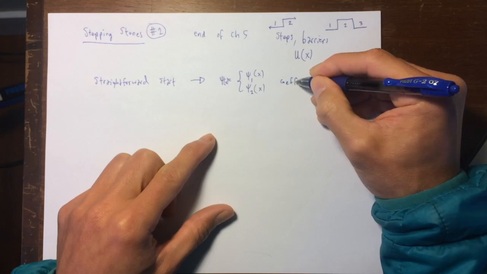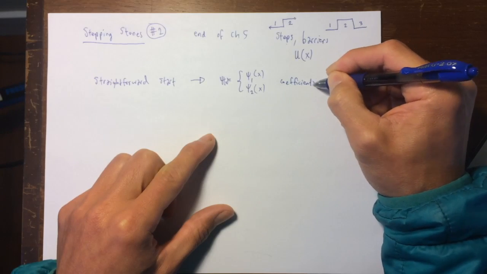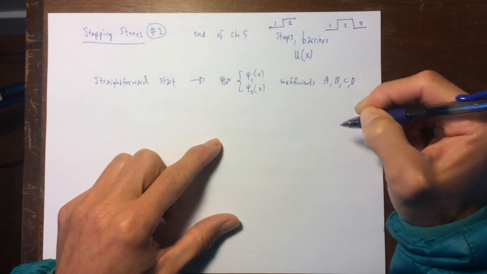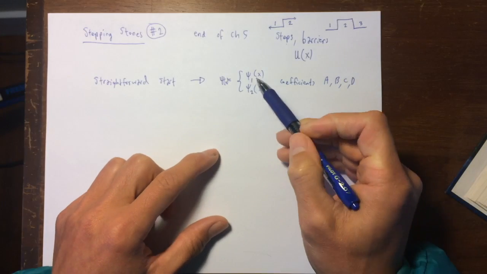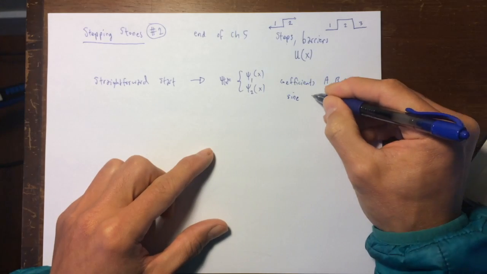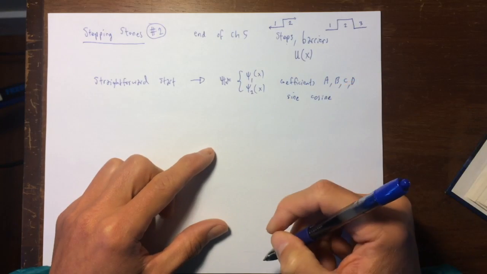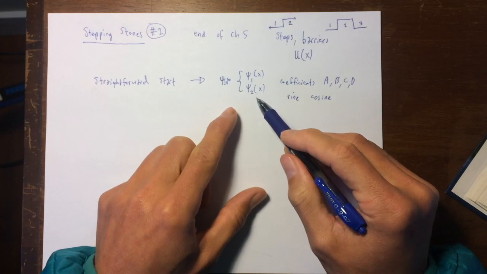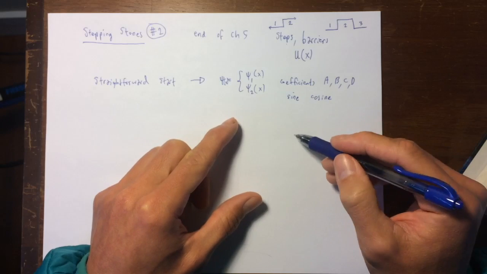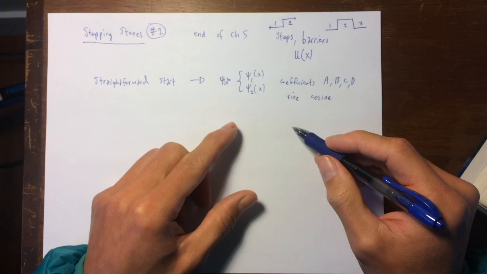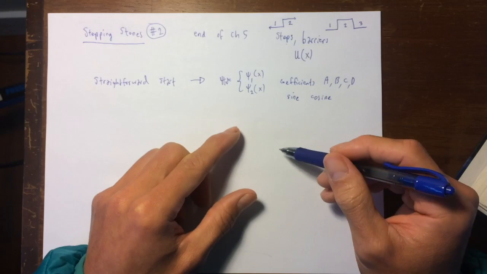There's a whole bunch of unknown coefficients. In your book, these are a, b, c, d. The wave functions themselves are written in terms of sine and cosine. When your book presents this answer to you, it's all going to make sense. It's the same stuff as before for different potential situations.